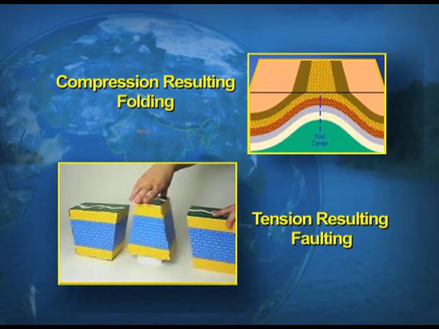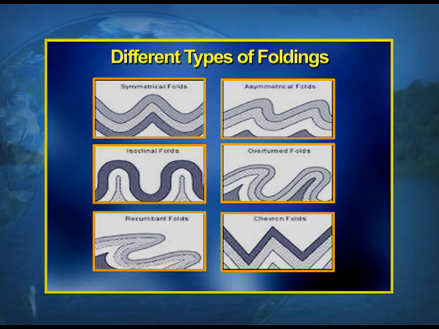And if we talk about the tension, which is a vertical movement, the diagram shows you how the faulting takes place with the help of the tension. These various figures show the different types of foldings, which are the result of the compression.